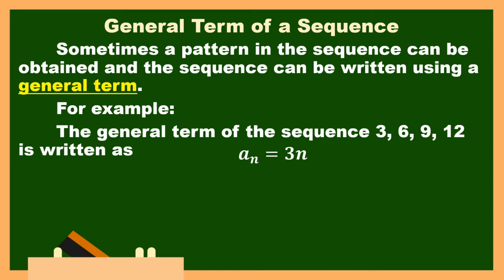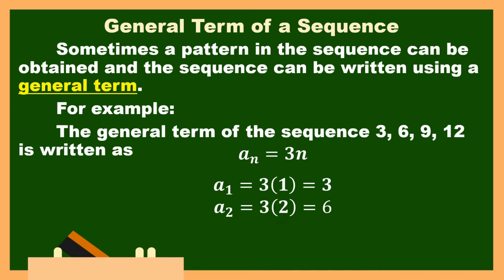So for the first term, it will become a sub 1 equals 3 times 1, which results to 3. And para naman sa second term, yung n dito ay papalitan natin ng 2. Kaya siya magiging a sub 2 is equal to 3 times 2 and the result is 6.